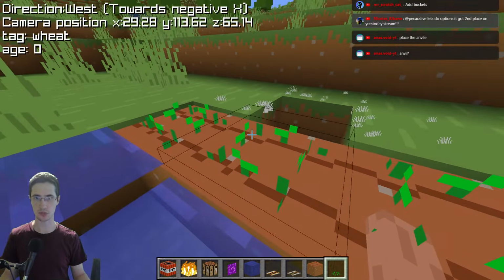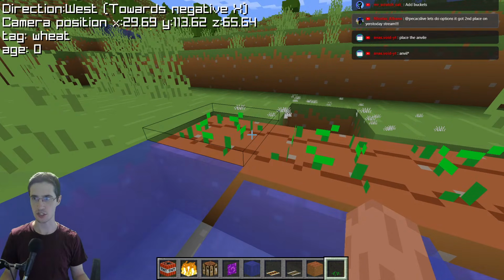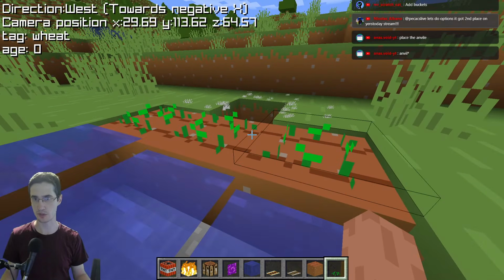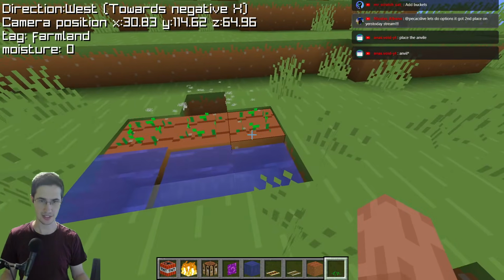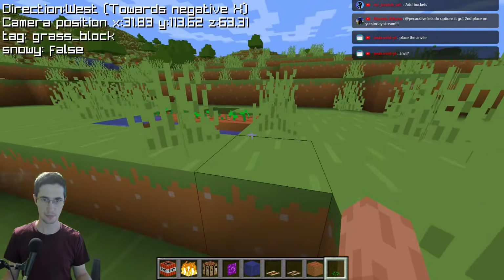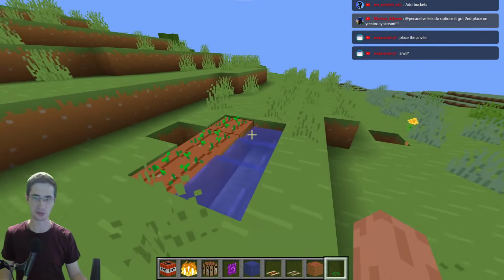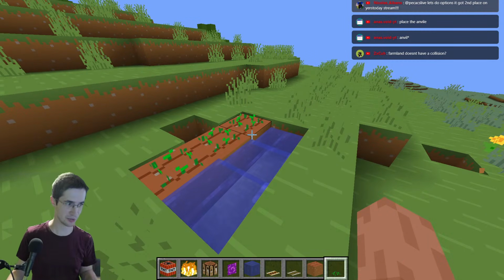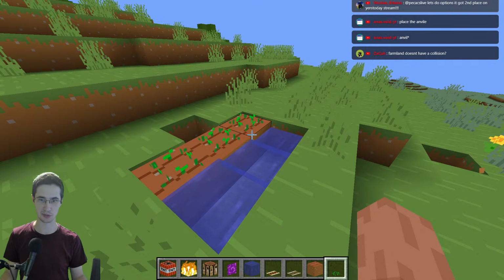The wheat also has a block state. It has an age property that starts from 0 and goes up to 7, I think, and that's when it's fully grown. It grows very slowly, so we can leave it like that. We don't need to wait for it, but it actually grows, chat. When we implemented the farming, we confirmed it actually grows.